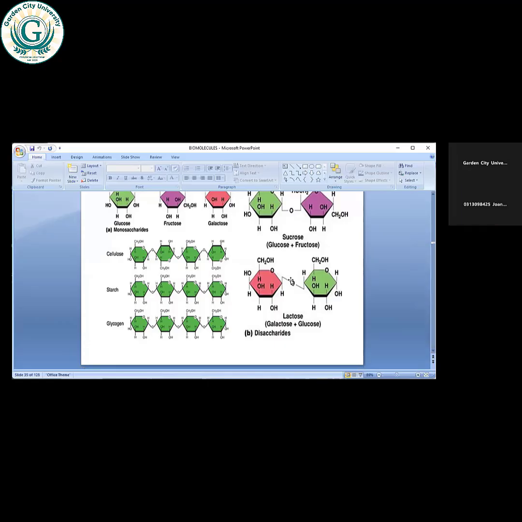So it's the same as that of the cellulose you are talking about. Yes, but this is different because if you look at lactose, it involves galactose and glucose. But in the case of cellulose, it only involves glucose, and the glucose are all in beta form, not alpha.